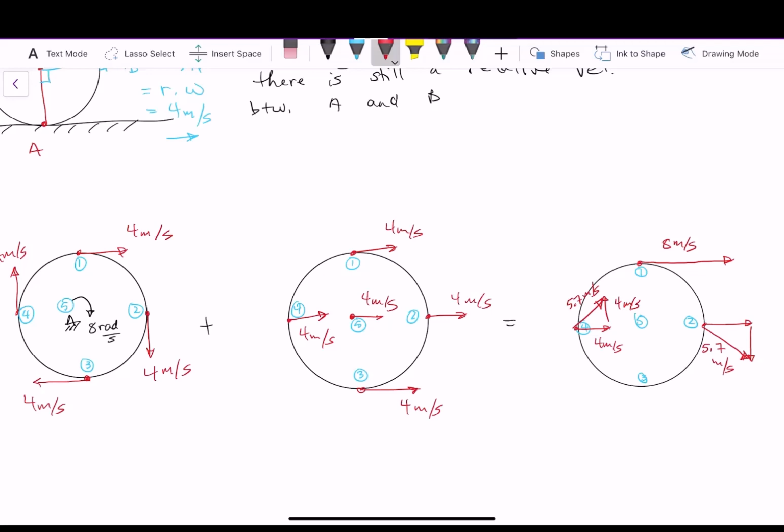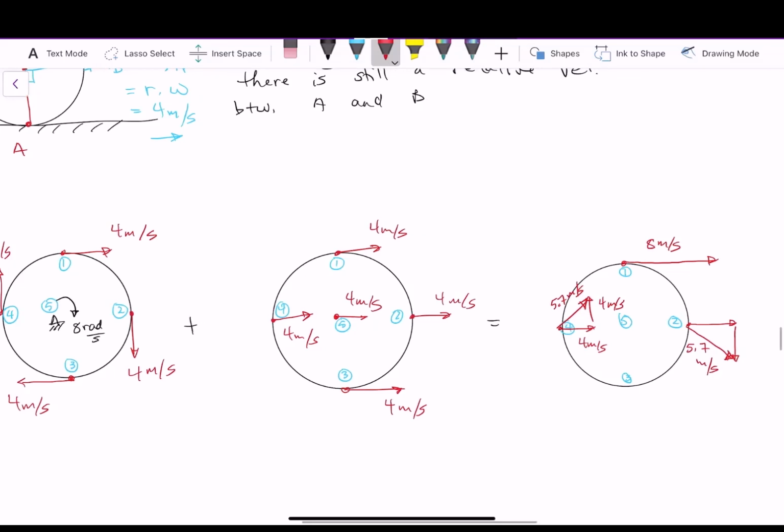Now, in the last case, we have 4 meters per second going to the right and 4 meters per second going to the left. So that's at position 3. If we add those up vectorially, we'll find that we actually get 0 meters per second at that point. Remember, we made the assumption that if there was no slippage, that point would appear stationary.